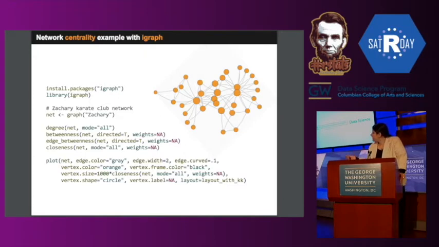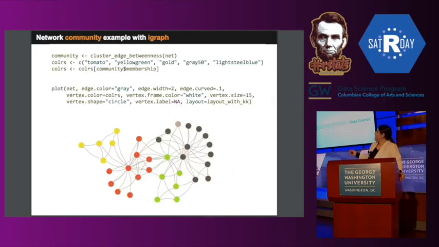Somewhere along the lines, there's a list of parameters and what each one is, but as you see, edge color, edge width, whether the edge is curved or not, vertex color, frame color, those are all exactly what they sound like, right? So you can use those to visualize the network in a simple way.